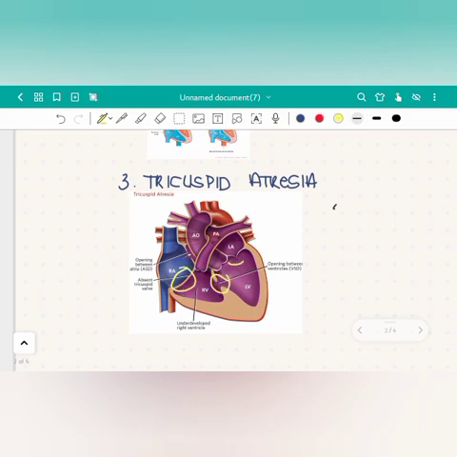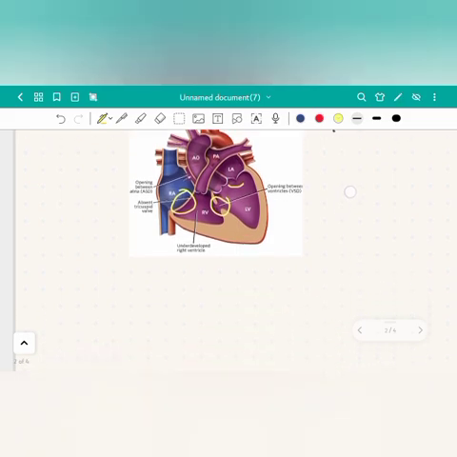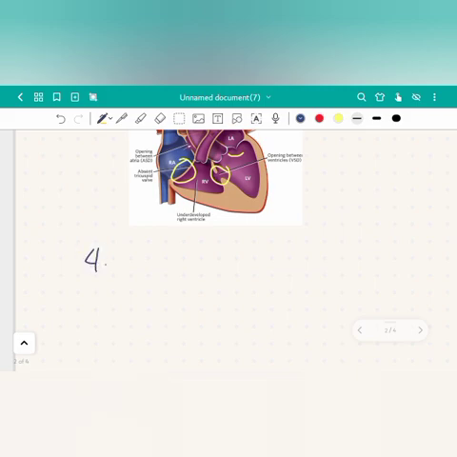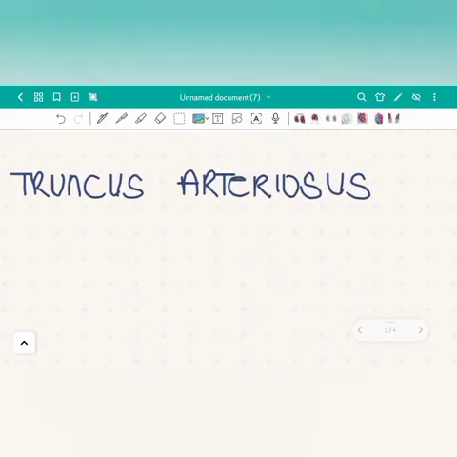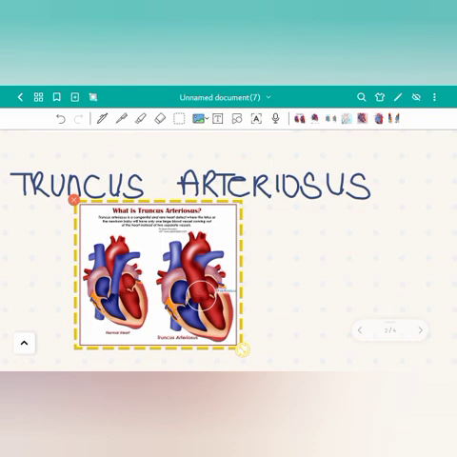Next one is the truncus arteriosus. This is the last defect in the right to left. So as you can see here, there is an opening. So there will be a mixing of the oxygenated and deoxygenated blood.